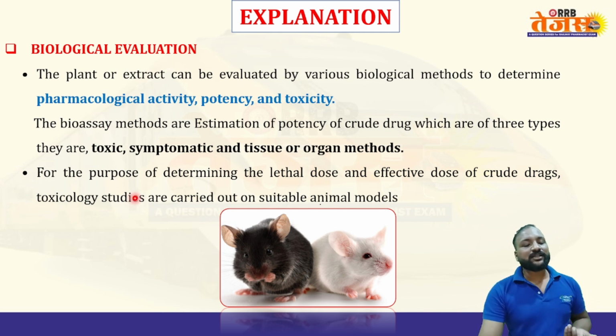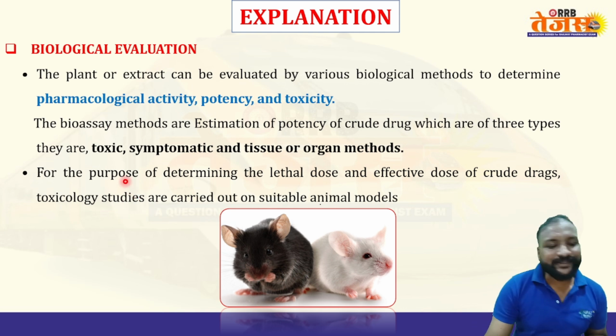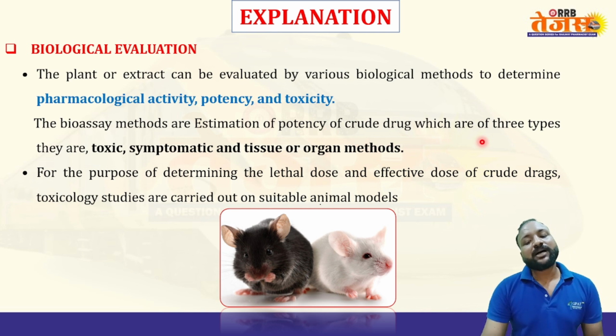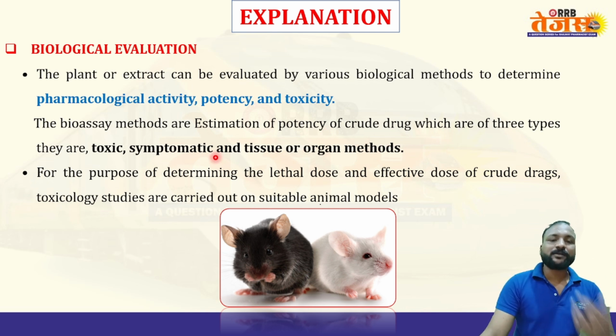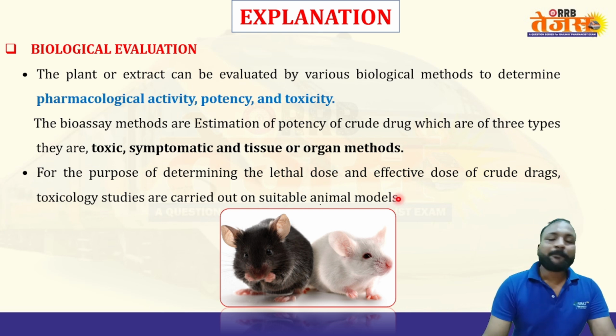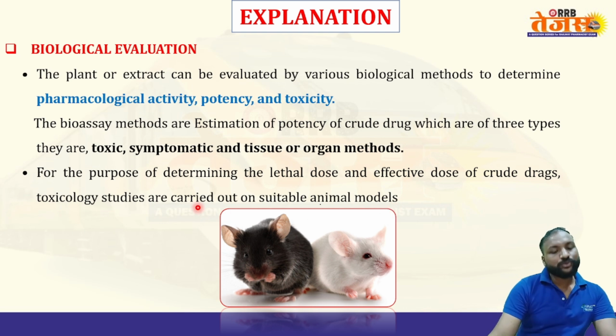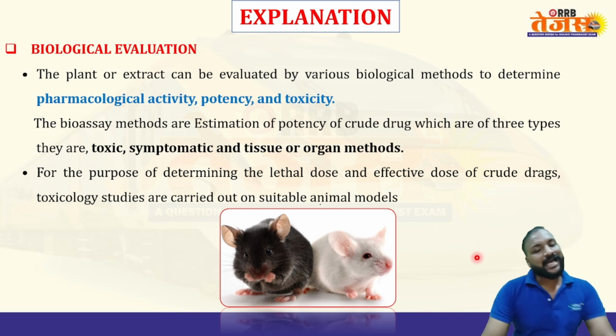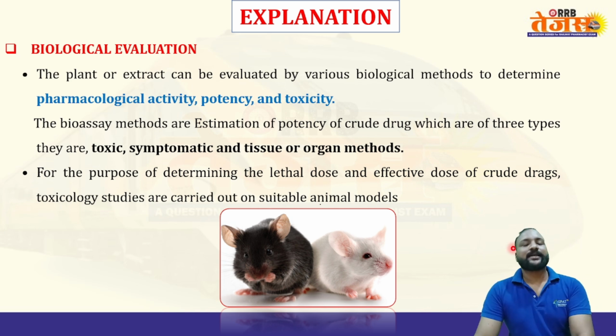To assess this, we follow bioassay methods for the estimation of potency of crude drugs, which are of three types: toxic method, symptomatic method, and tissue or organ method. The purpose of these methods is to determine the lethal dose and the effective dose of crude drugs, and the toxicology studies are carried out on suitable animal models. Clear?